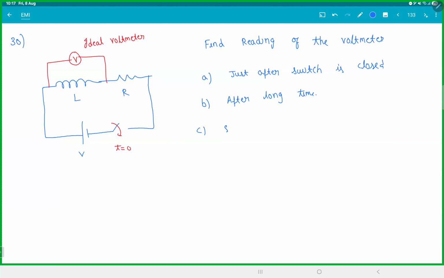Case 3, the switch is closed for a long time and then you suddenly open it. Then what will be the reading of the voltmeter? Three cases. What do you guys think?